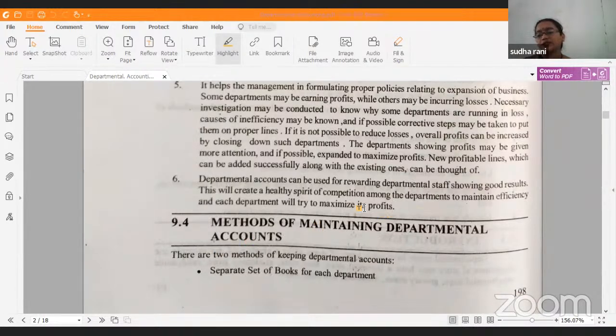Each department's expenditure is recorded under that department's column.